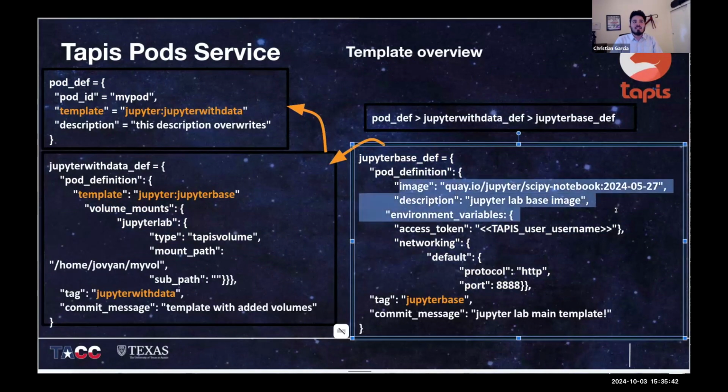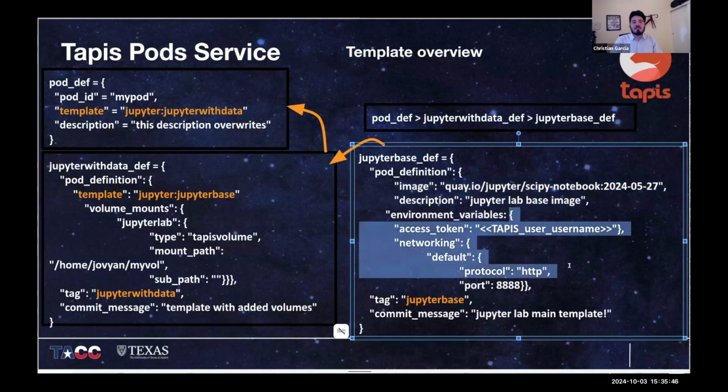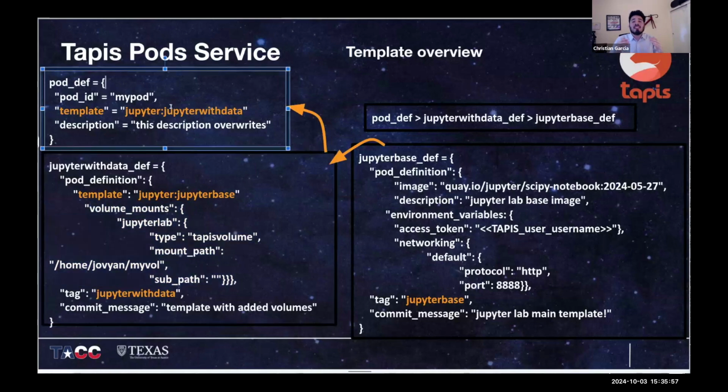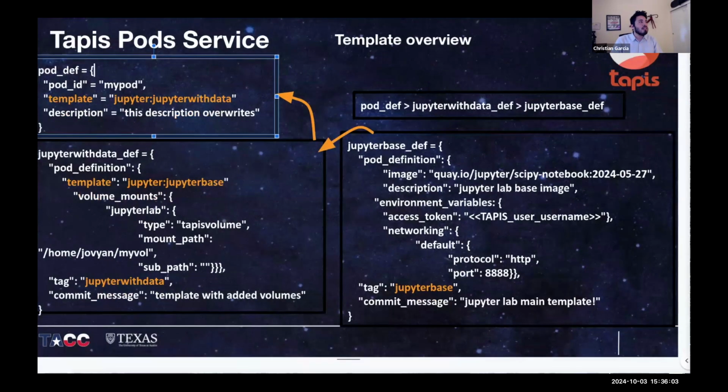You can see it specifies the image, the description, the environment variables that we need, the networking and everything. You can use that template to add in extra volumes or other things that you might need to define for multiple users. And then you can use that in a pod to start it up. So I'm just going to go into that now with the UI.